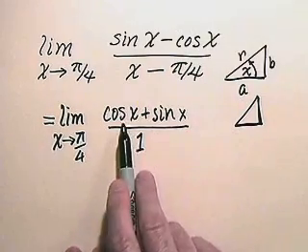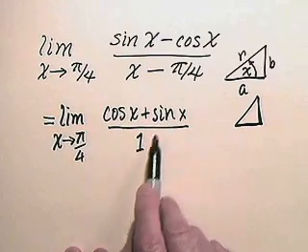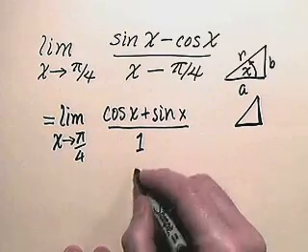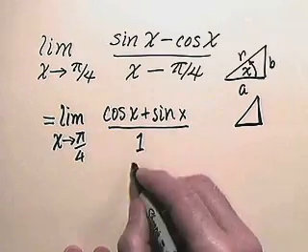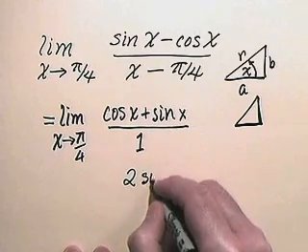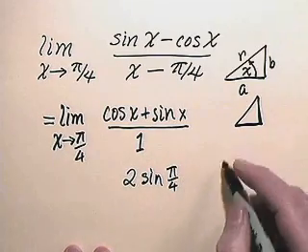Now what happens? Well, cosine pi over 4 plus sine pi over 4 divided by 1 is a very simple finite number, so what we're getting, since they're both the same, is in effect 2 times the sine pi over 4 divided by 1. What is the sine of pi over 4?